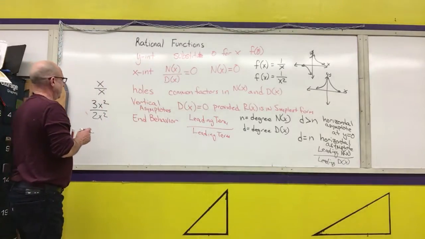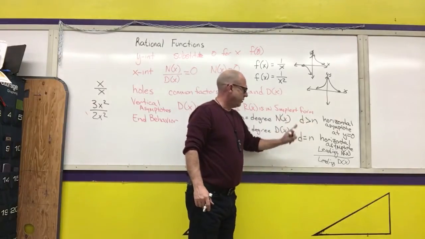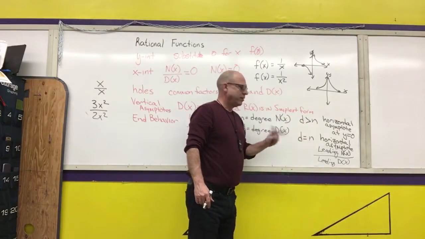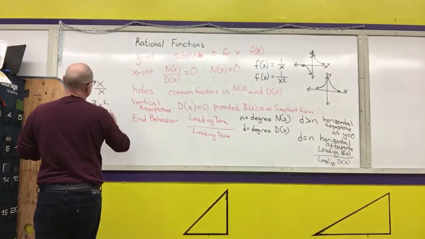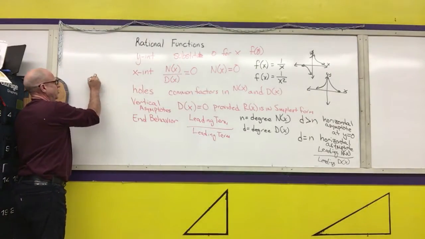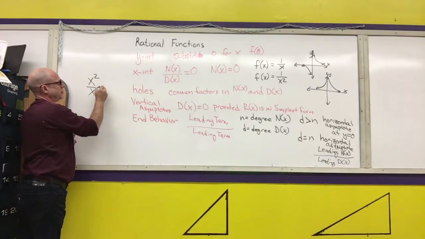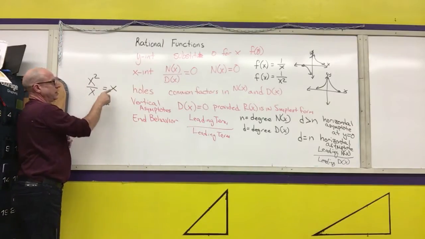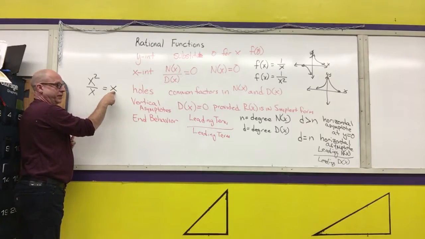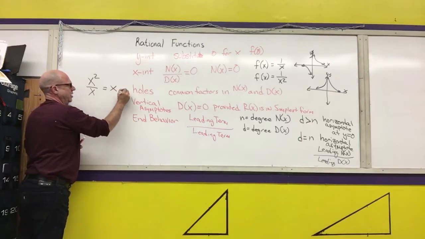The last possible case: we have the denominator greater than the numerator, the denominator equal to the numerator. Well, what if the numerator is greater than the denominator? For example, x squared over x. That simplifies to x. And as x gets very, very big, y is going to become very, very big. This is x when x is not equal to 0.